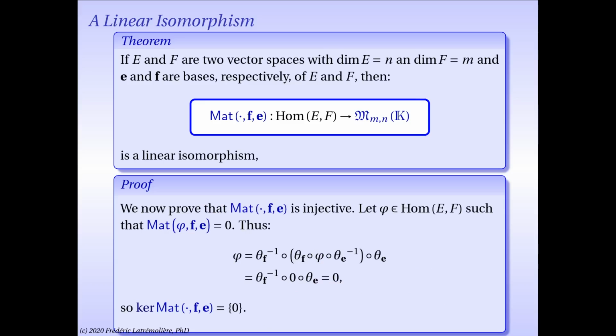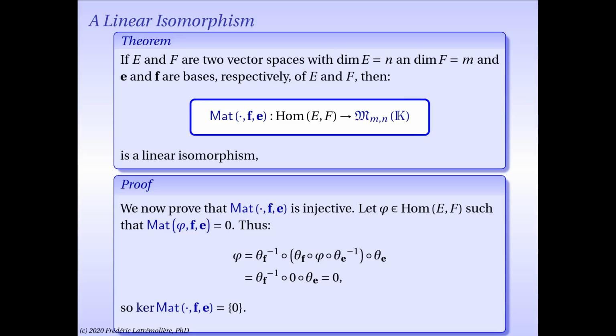Now, for our second step, we prove that our map in our theorem is injective. Suppose that phi is a linear map from E to F, whose matrix in the ordered basis bold F and bold E is null. This means, by definition, that the map theta sub bold F composed with phi composed with the inverse of theta sub bold E is null, since its matrix, as a linear function from k to the n to k to the m, is actually 0.